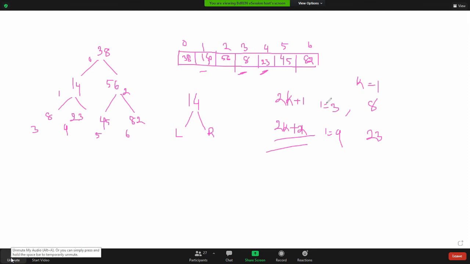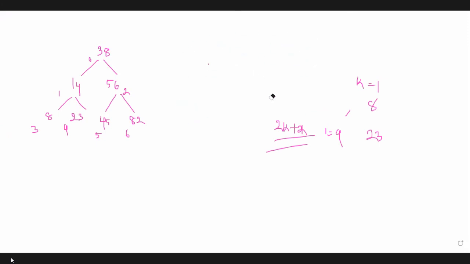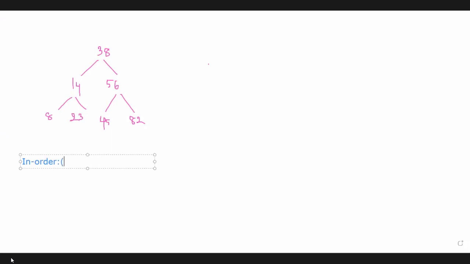Okay, so now the next topic is binary search tree traversal. Just like the binary tree, you can use the tree traversal methods in-order, pre-order and post-order. Here, if we apply the pre-order traversal method, what will be the sequence? I think you can do it by yourself. What will be the sequence of in-order traversal? In-order means at first take the left child, then the root node, and then the right child.